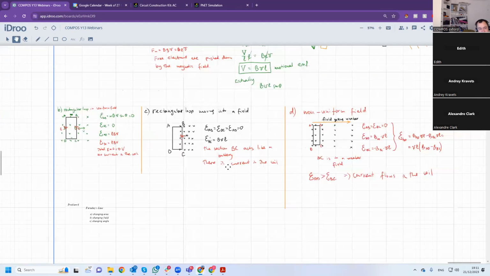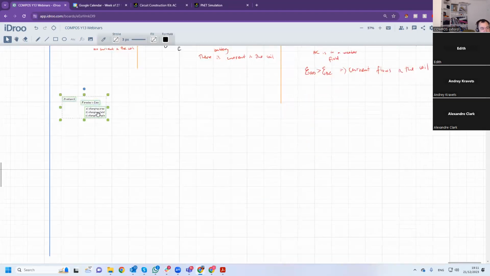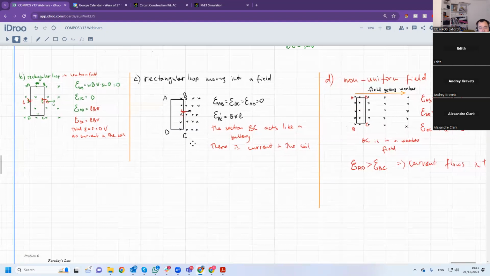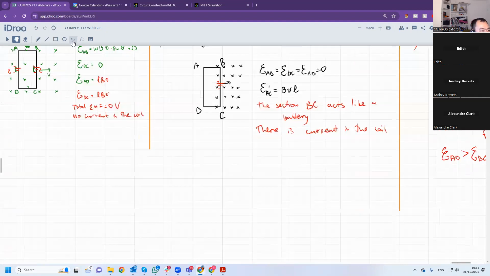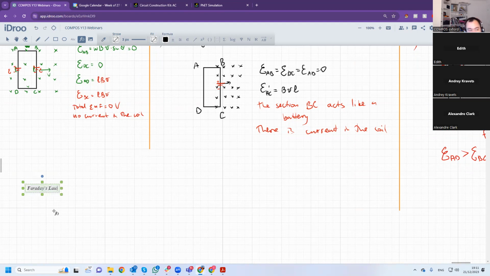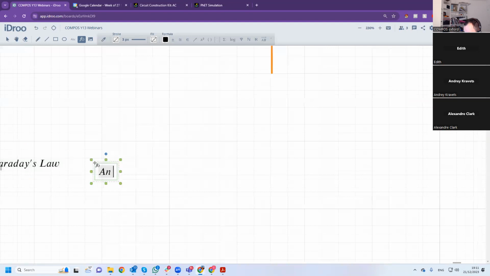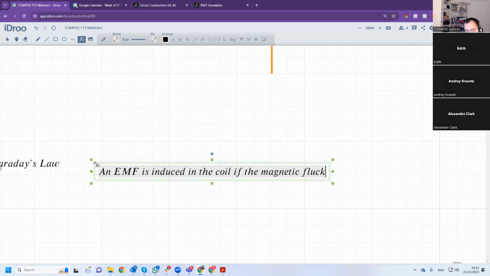So Faraday's law, the great Faraday, said that an EMF is induced in a coil if the magnetic flux in the coil changes.